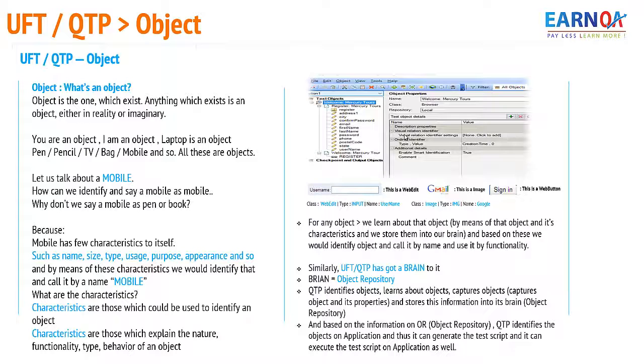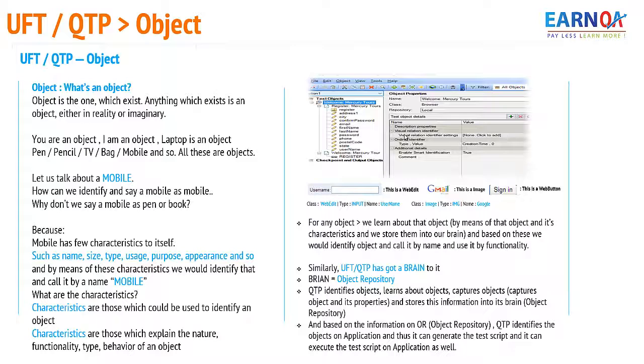Similar to that, QTP identifies the object. So an object is the one which exists, and every object has properties. We identify the properties, and that helps us call the name of the object. Similarly, QTP has its own brain called object repository.